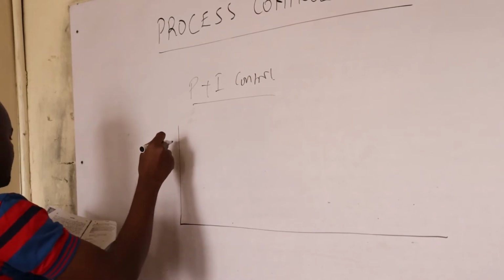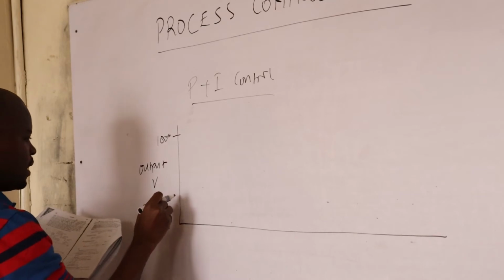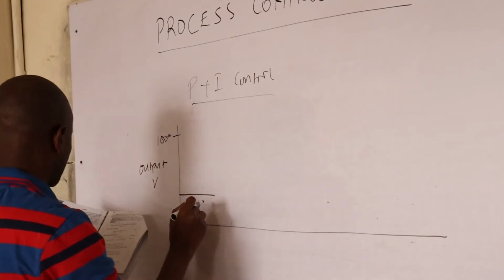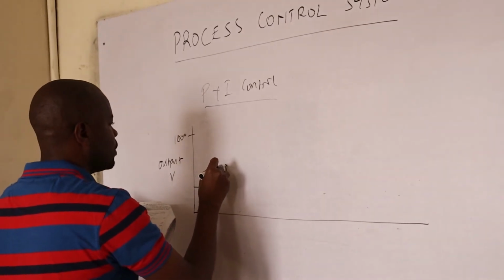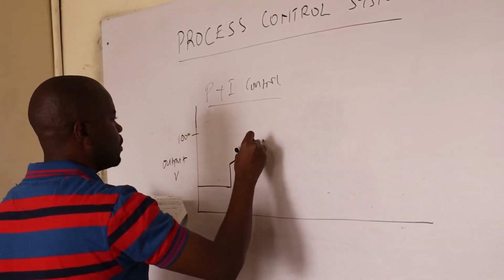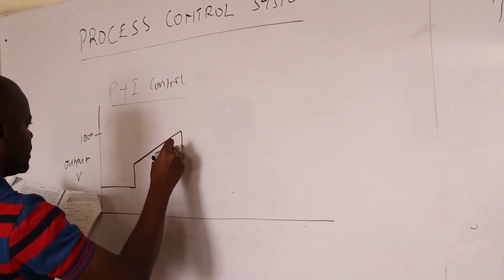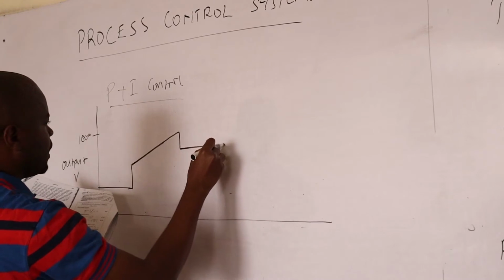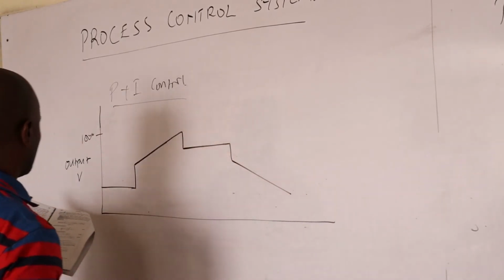Then we have 100, in percentage. Then it goes up, goes that way, comes down, goes that way, comes down, then goes in that manner.